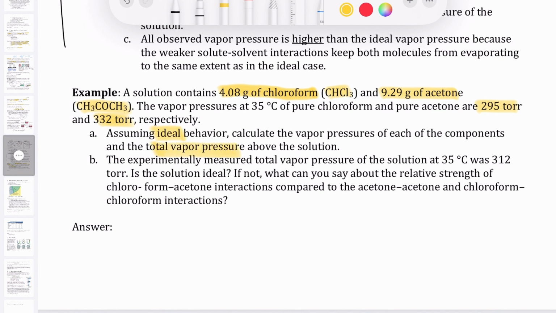So again, assuming the solutions are ideal, what would that total vapor pressure be? That's just using Raoult's law. And then we were told that the experimentally measured vapor pressure is 312 torr. Is this solution ideal or not? If it's not ideal, what kind of interaction happened between acetone and chloroform? Is it stronger or weaker? In other words, is it going to be endothermic or exothermic is what we're being asked.